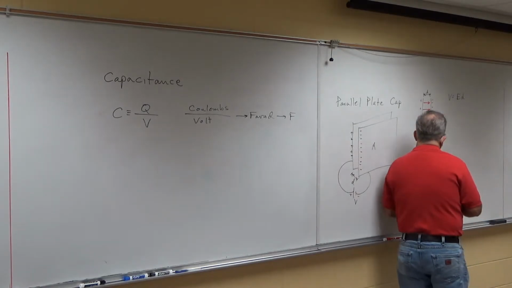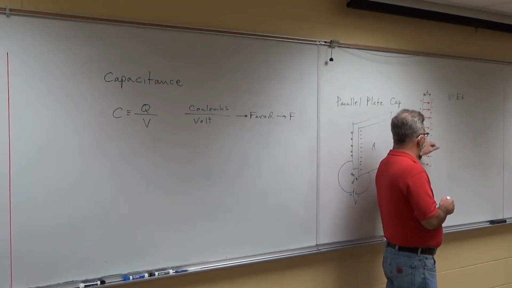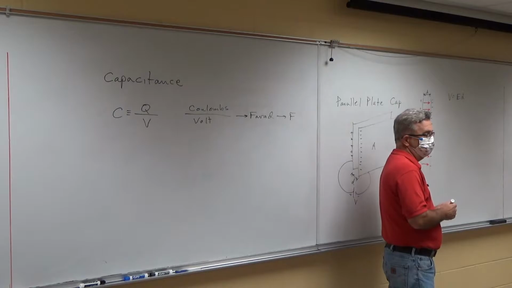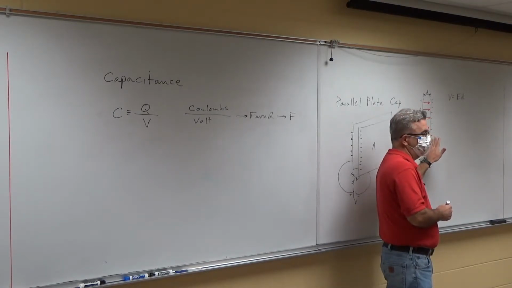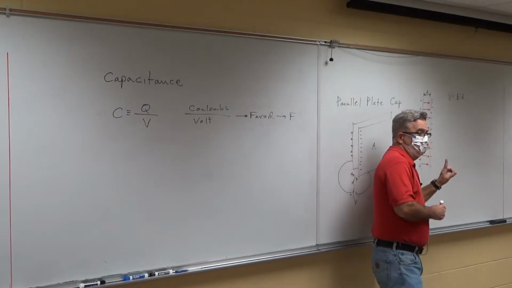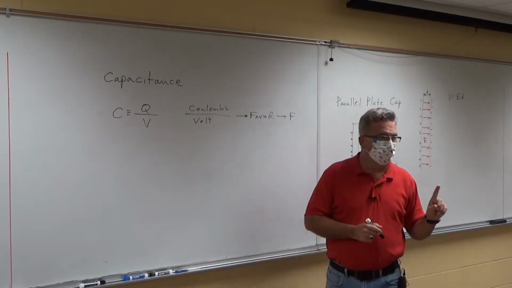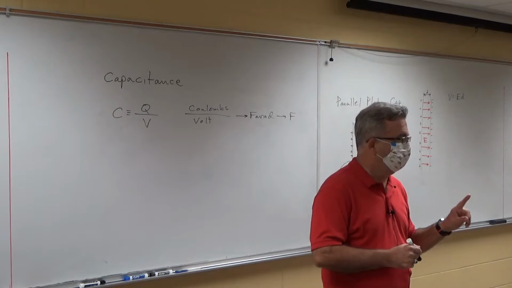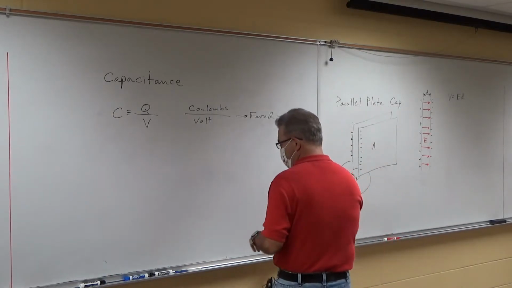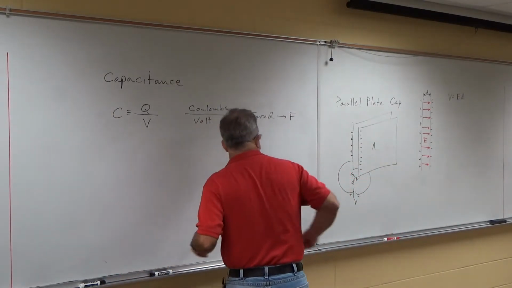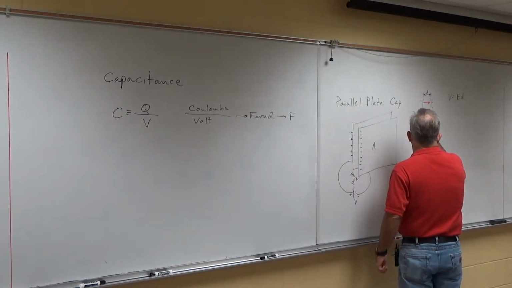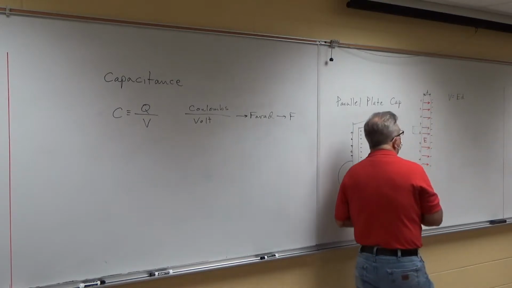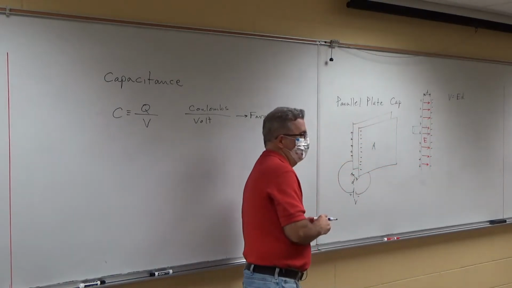Let's see if we can get an idea of the value of the electric field in between the plates. I normally would do this when we were talking about Gauss's law, but I didn't, so I'm going to do it now. I'm going to insert a Gaussian cylinder inside the cap.